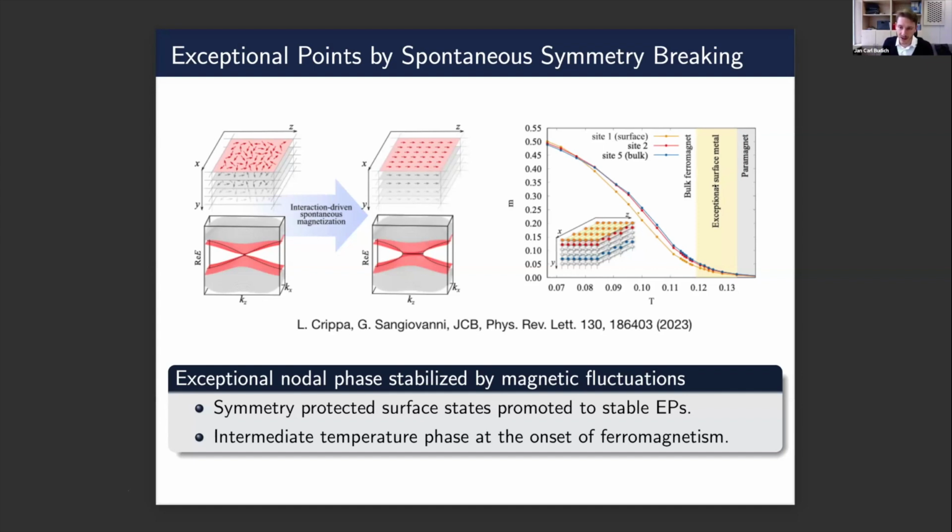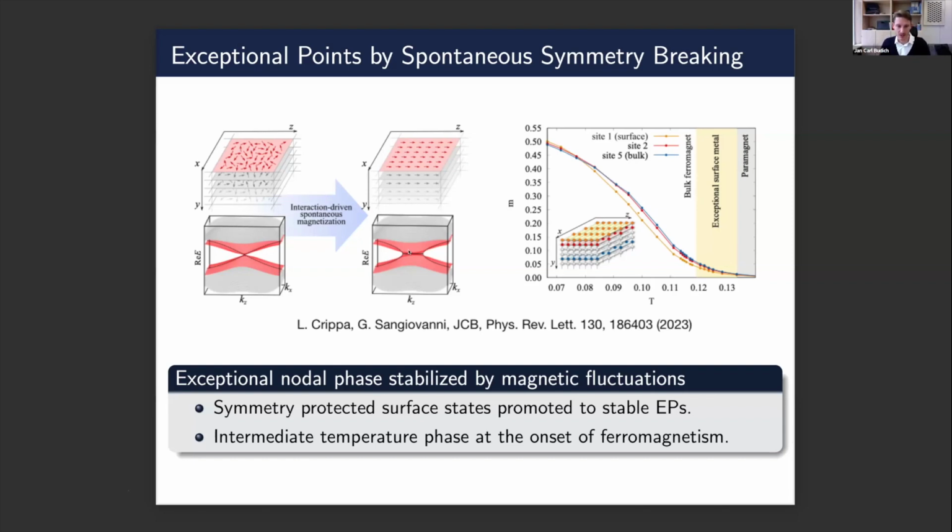So you can think here of a system that is at the onset of magnetic order, and this spontaneously gives different scattering rates to spin up and spin down in some emerging spin quantization axis. And again, this spin quantization axis is incompatible with this chiral texture here in spin of the topological insulator surface state.